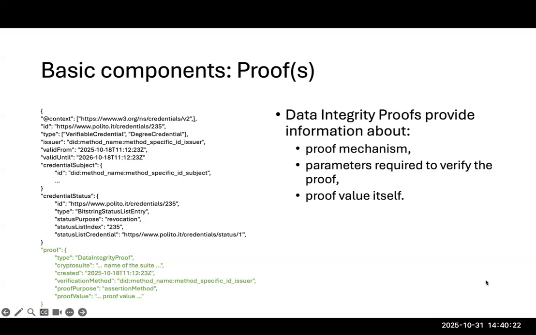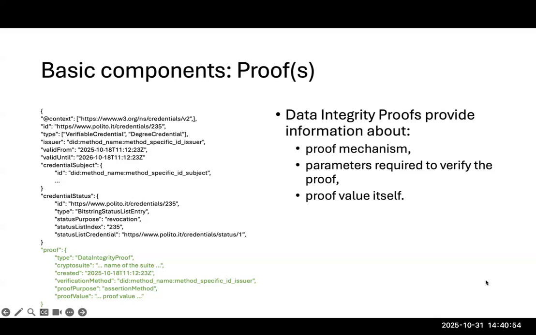The credential subject contains for sure the DID of the subject, in this case subject and holder match, and all the other properties that are typical of the type of verifiable credential that the issuer is issuing.